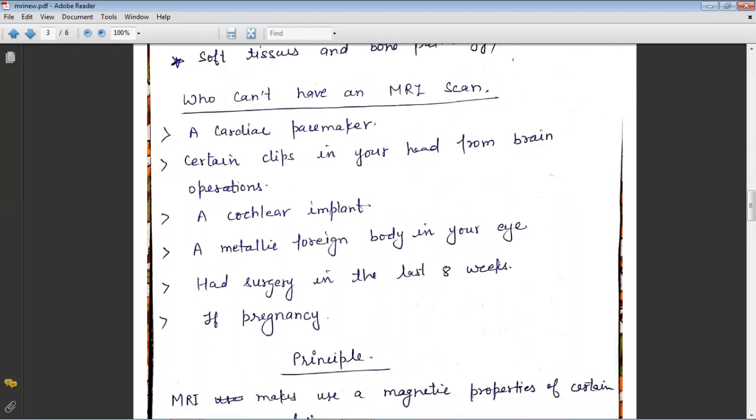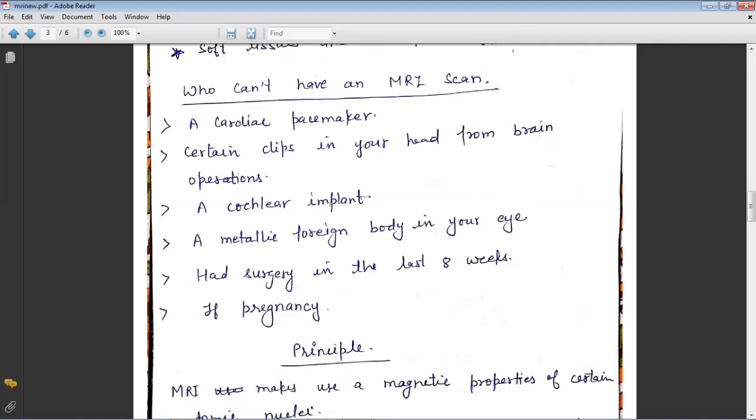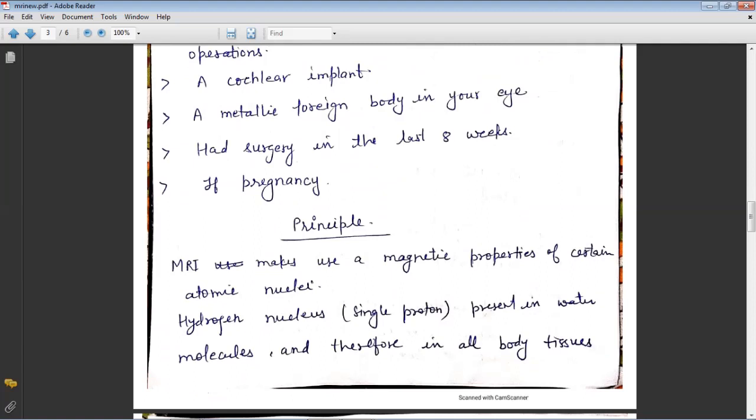Then a cochlear implant, a metallic foreign body in the eyes, and head surgery in the last 8 weeks. And if there is pregnancy, then one cannot have the MRI scan. So these are the points.